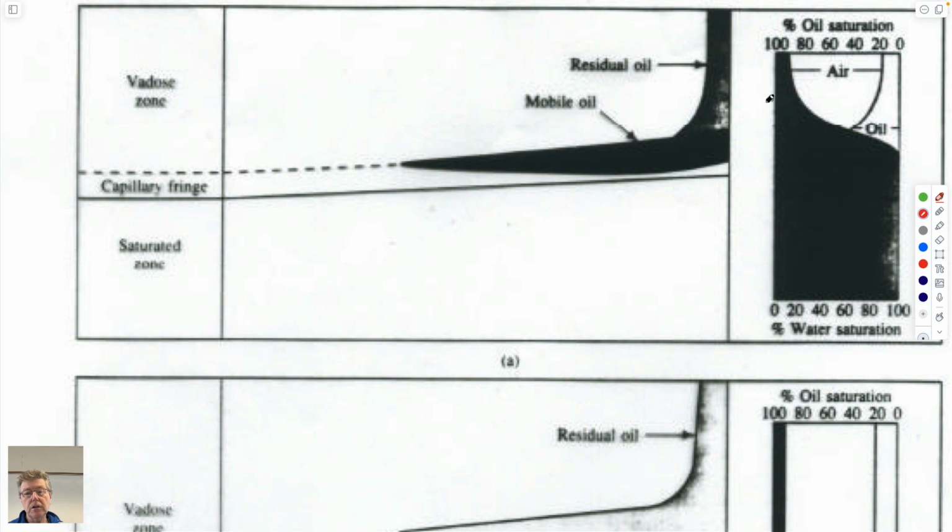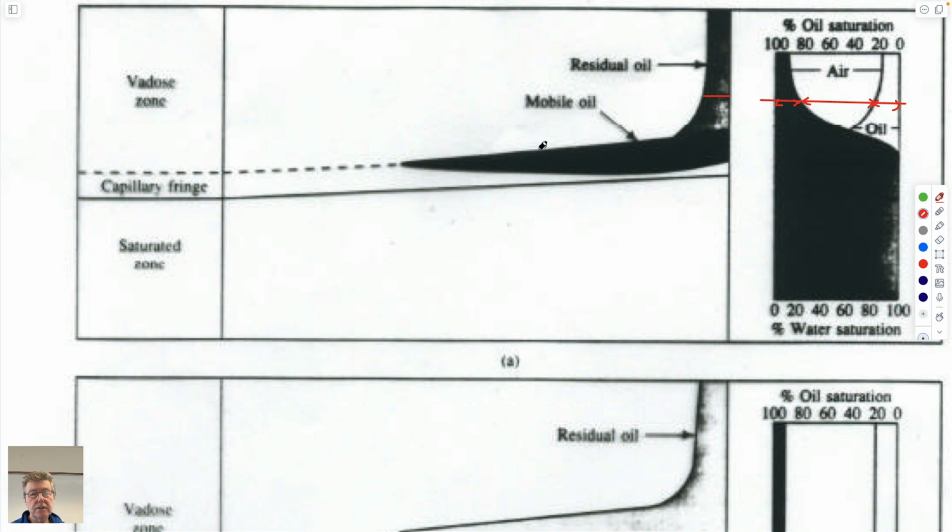We know exactly what it looks like if we draw a section through it. In this zone, it's mainly air. So most of it is air. There's a smear of oil, and there's the residual water that's present because it's partially saturated already.